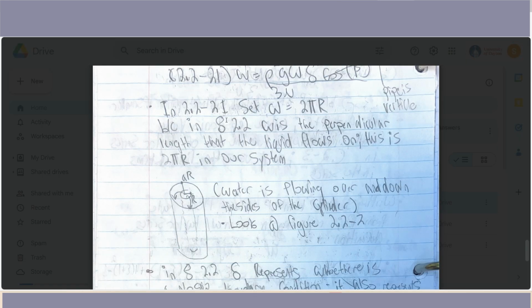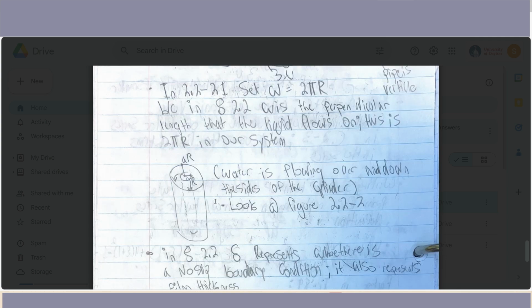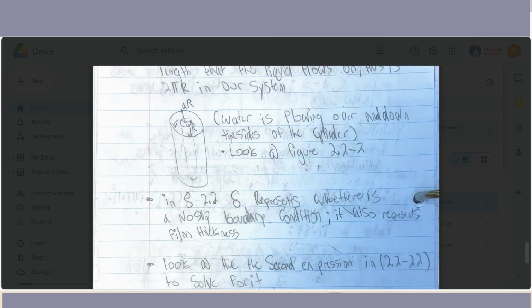Width is the perpendicular length that liquid flows on, and that's the circumference, 2 pi r in our system. Water's flowing over and down the side of the cylinder.